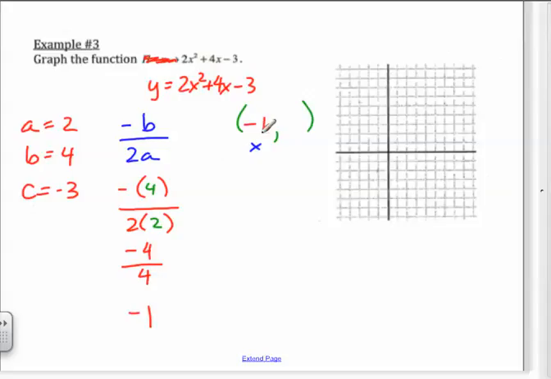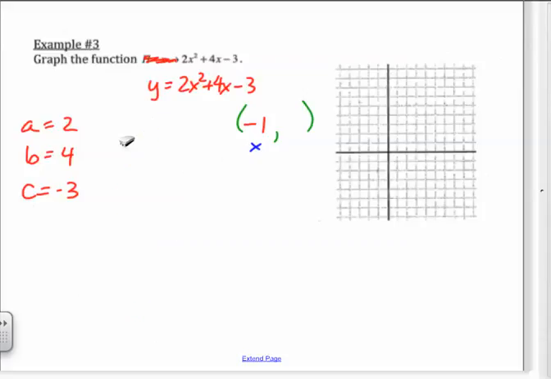Now I'm going to erase this to give us some room. You can pause the video and go back and look at it if you want. Then I'm going to plug in negative 1 for x. So h of negative 1 is equal to 2 times negative 1 squared plus 4 times negative 1 minus 3.